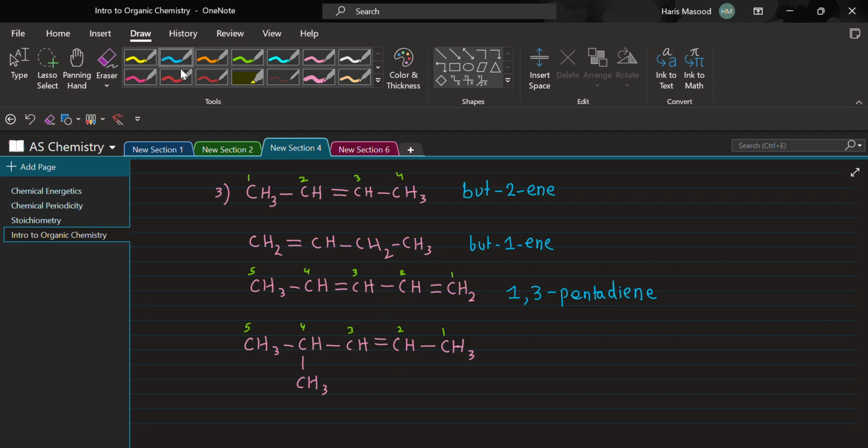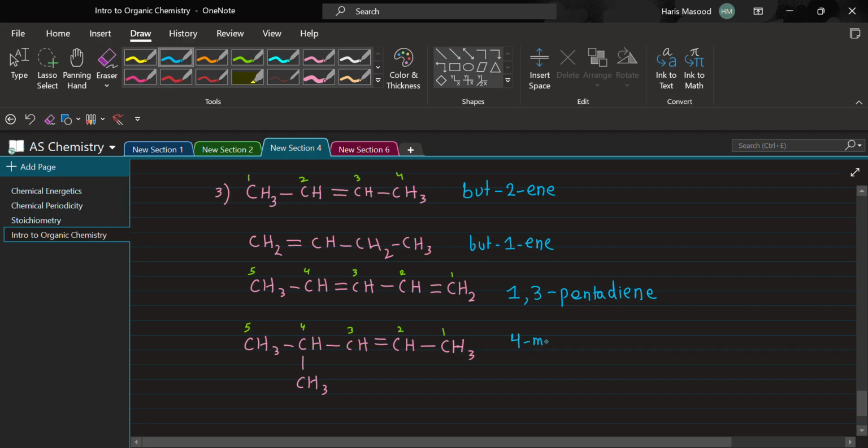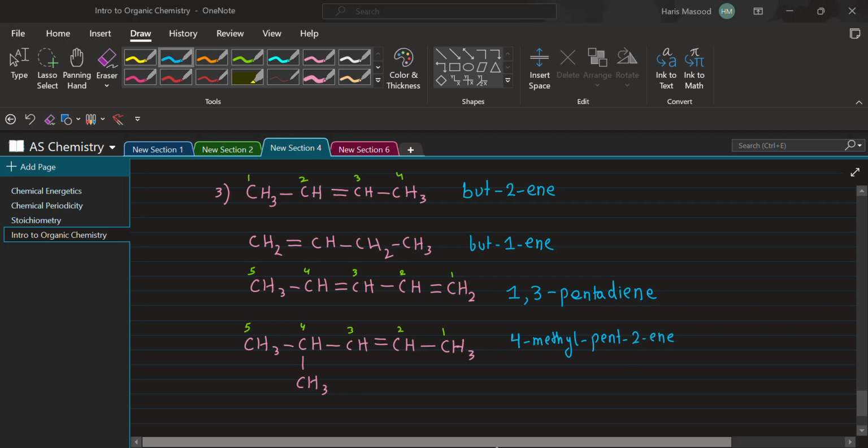And what could be the name? Okay, good. So this is our basic naming nomenclature of organic compounds. I hope it's clear now.